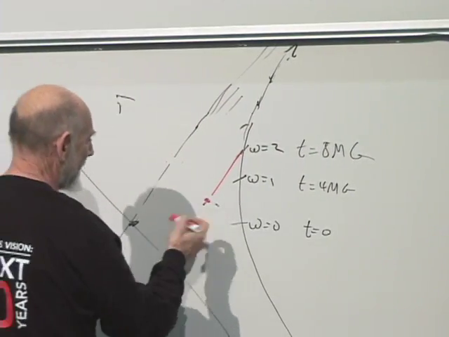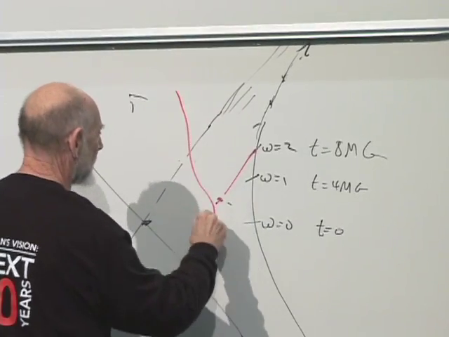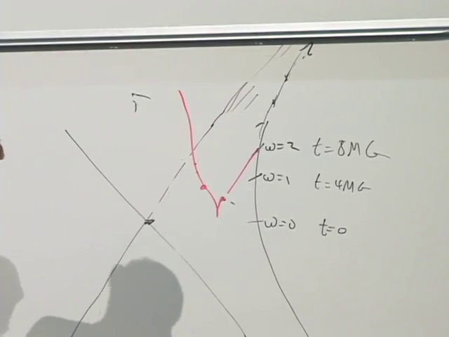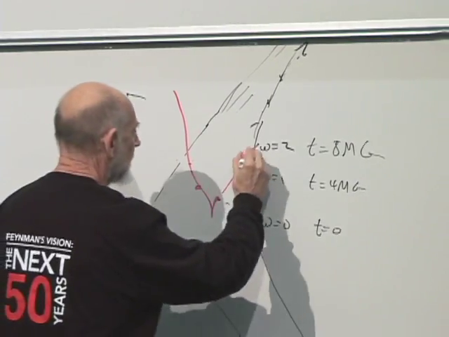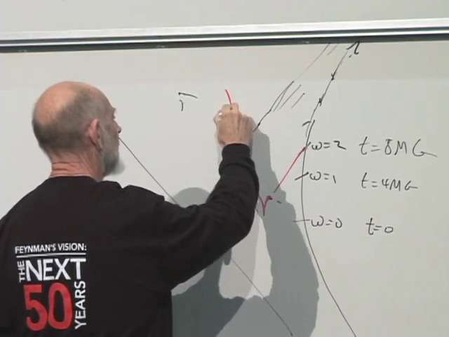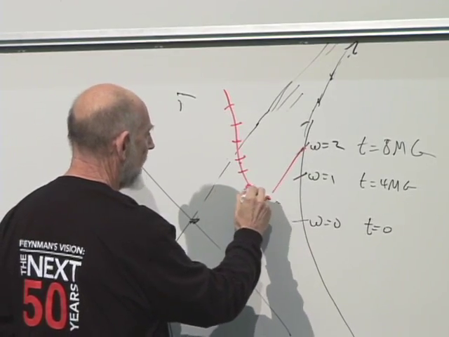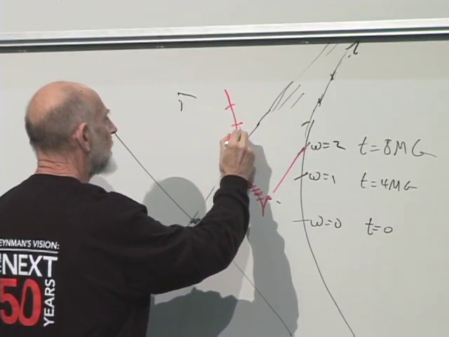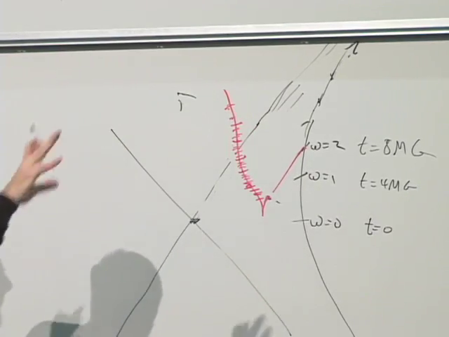Let's make it Alice, okay? It's Alice. Alice is falling through. She's waving her hand as she falls through. And Bob looks at her. Here's her waves. Let's make them closer together. She's waving pretty rapidly. Along her world line, she's waving. Hi, Bob.